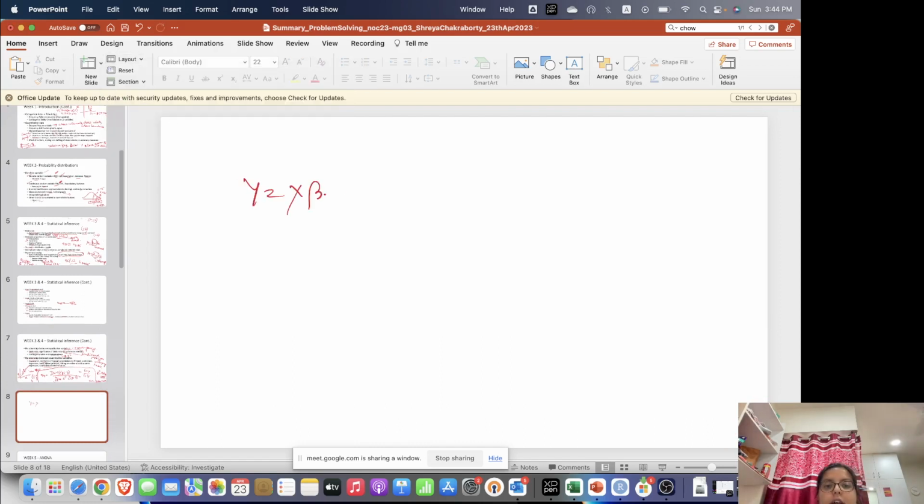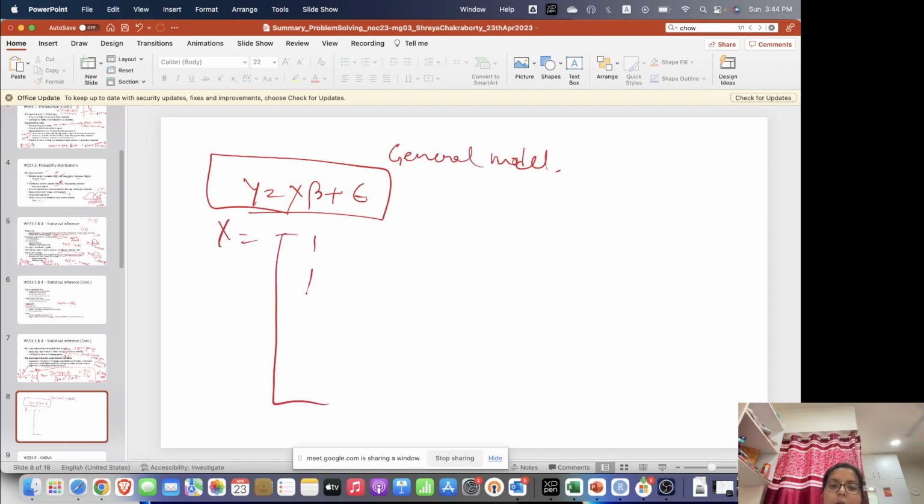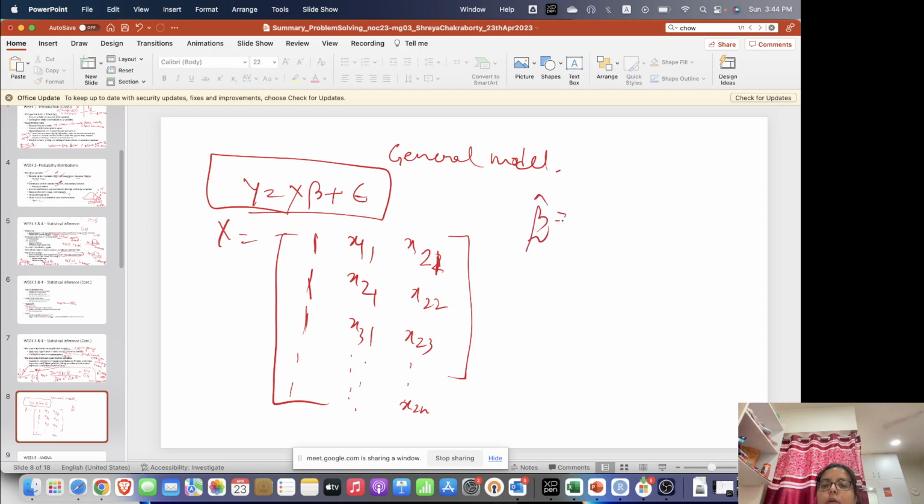So it is worthwhile to remember one thing. If I have this as my general model, where X is like 1 1 1 1 1, this is the model matrix, and here I have x11 x21 x31, something like this, x12 x22 x23, and so on up to x2n. Then beta hat would be X prime X inverse X prime y.